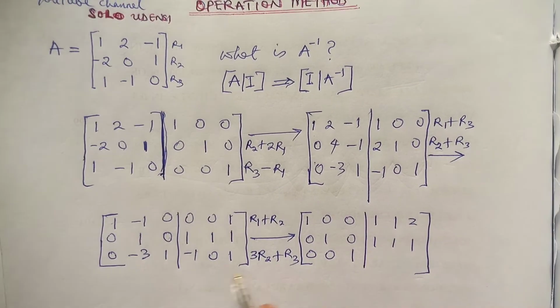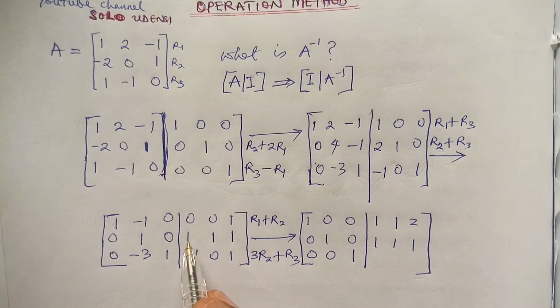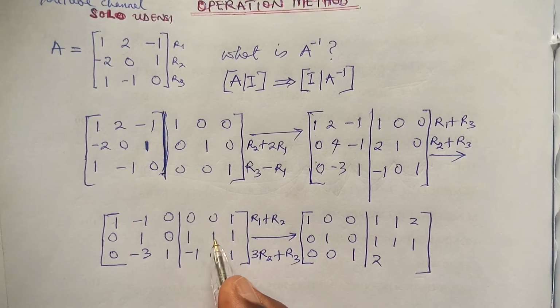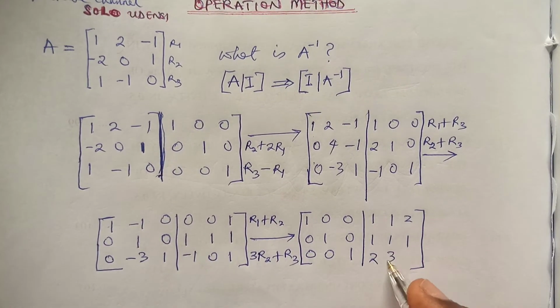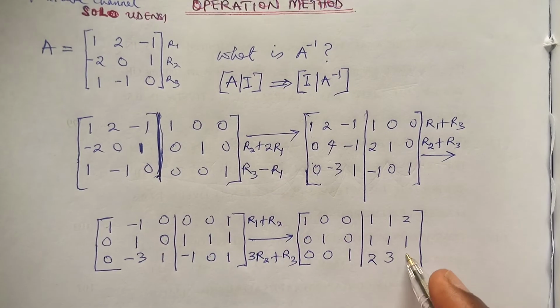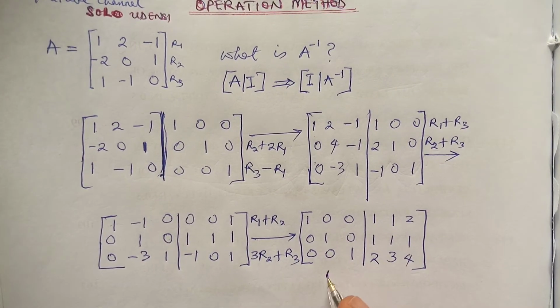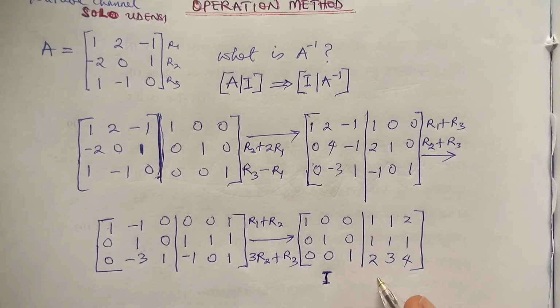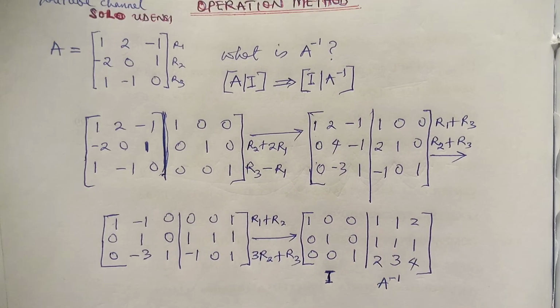We do the same thing here: 3 times 1, 3 plus this 2; 3 times this 1, 3 plus 0, 3; 3 times this 1, 3 plus this 4. So here now is our unit matrix. We have transformed it, and here now will be our A inverse.